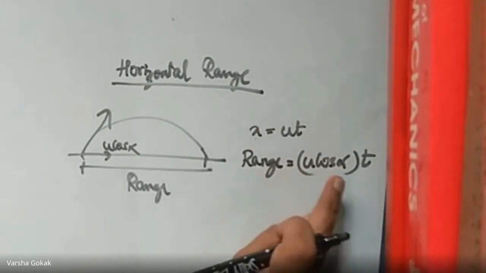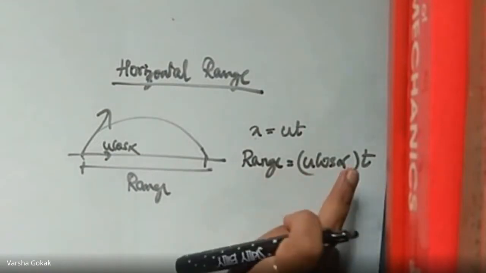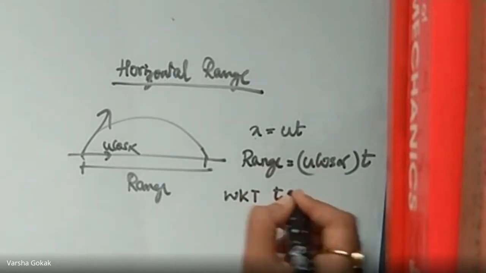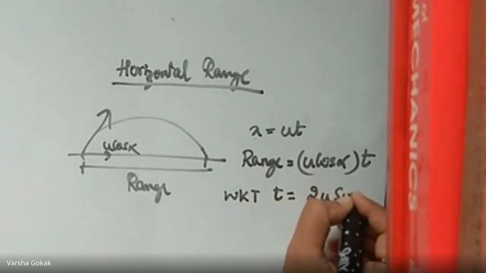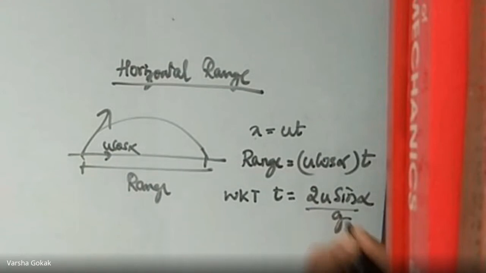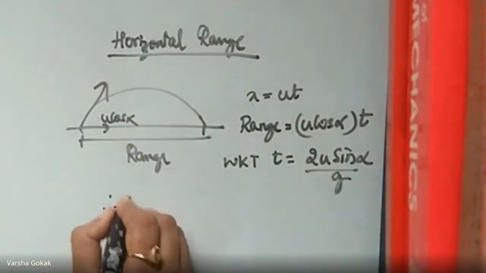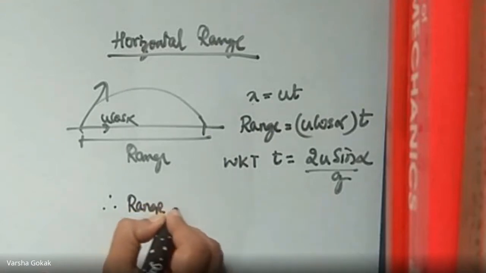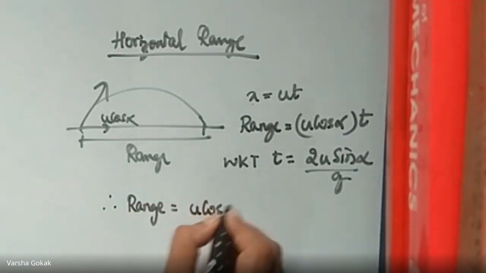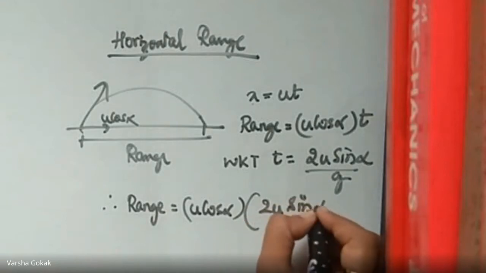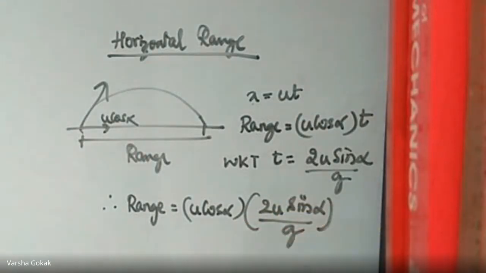Now, t we found previously. What is the value of t? t is nothing but 2u sine alpha divided by g. Correct? So we put t here. Therefore, range is equal to u cos alpha into 2u sine alpha divided by g.